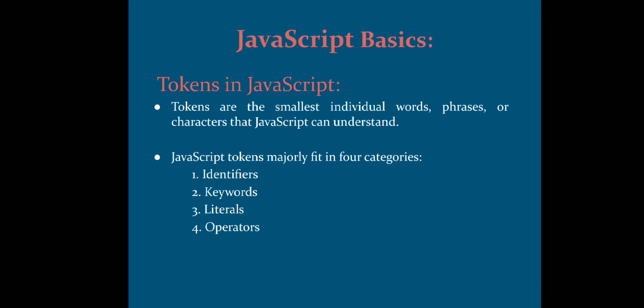So here in JavaScript, we have 4 main categories of tokens: identifiers, keywords, literals, and operators. This all of you may be knowing because the same thing we have in C, C++, or in Java also.